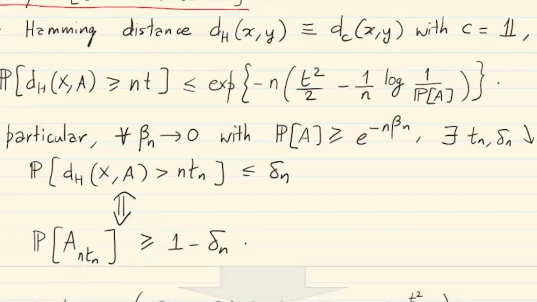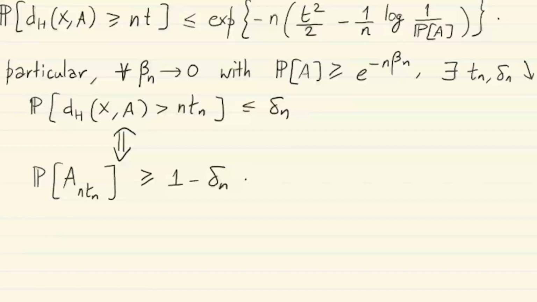What does this lemma mean in words? This blowing up lemma says that imagine there is a sequence beta n going to 0, that makes the probability of A go to 0, but at a rate which is slower than exponential.